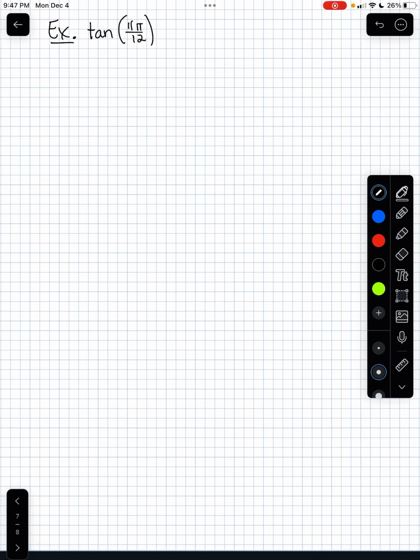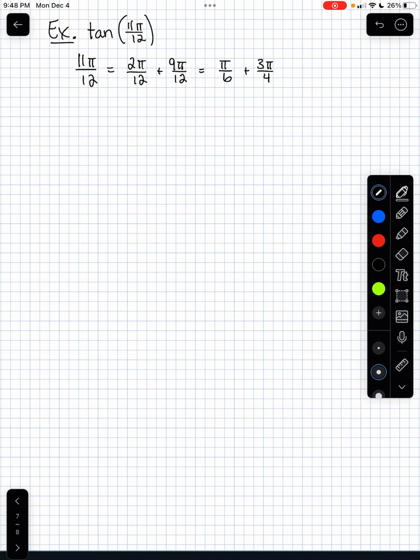But again, as long as we can write it as a sum or difference of something that is among our common angles. 11 pi over 12 can be written as 2 pi over 12 plus 9 pi over 12, where 2 pi over 12 is pi over 6, and 9 pi over 12 is 3 pi over 4.